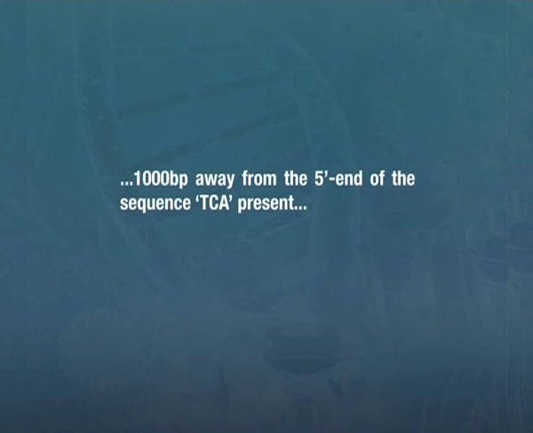They are complex, multi-subunit endonucleases that cut DNA at random, far from their recognition sequences, about 1000 base pairs away from the 5' end of the sequence TCA present within the recognition site. They have little practical value since they do not produce discrete restriction fragments or distinct gel banding patterns.